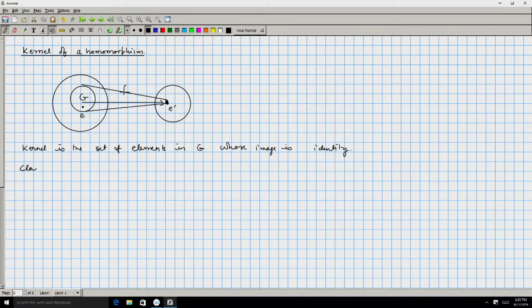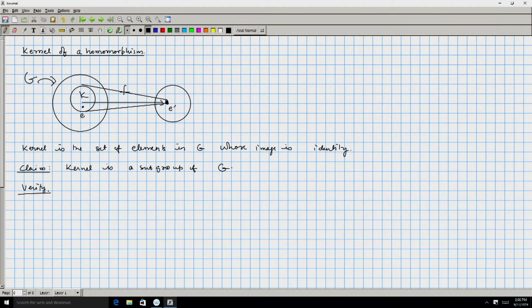And this is a simple fact. Kernel is a subgroup of G. If you denote the entire group by G, this is the kernel. So, kernel will invariably be a subgroup of G. How do we verify that?